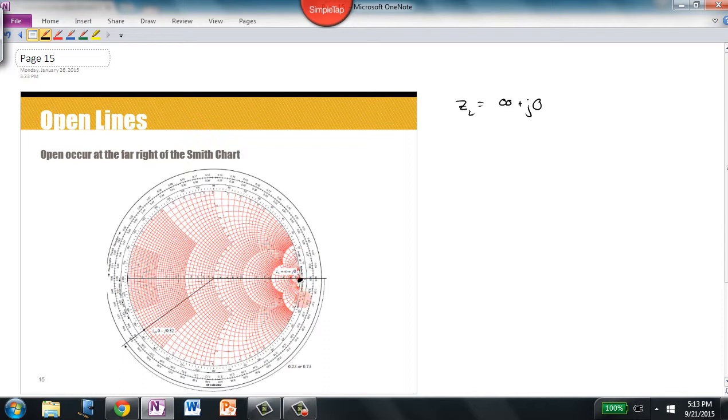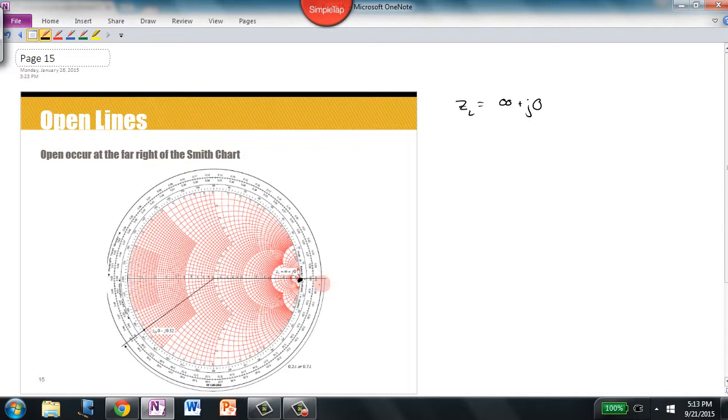For example, if we were to determine the normalized input impedance of an open T-line with an electrical length of, say, 0.7 lambda, we would plot a point at infinity plus j0, and then we would rotate 0.7 minus 0.5, which is 0.2 lambda. So we would rotate 0.2 lambda.